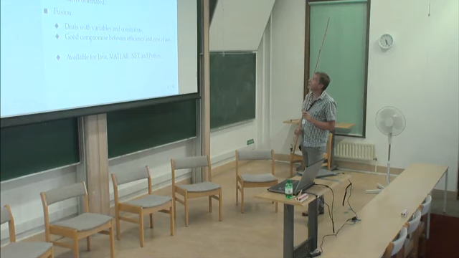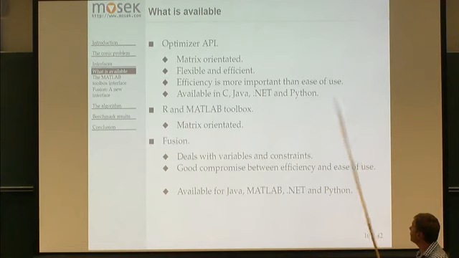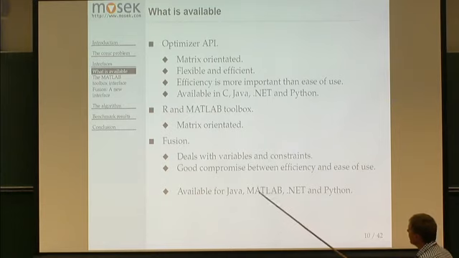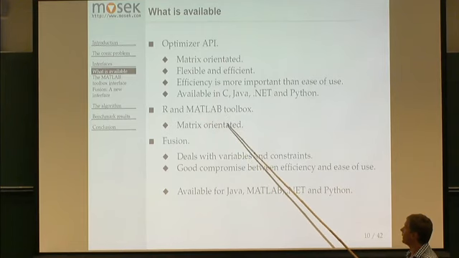So we have a very efficient interface. If the setup time is important for you, then this works. Efficiency in this interface is more important than ease of use. It's available in C, Java, .NET, and Python. We have also made the same interface available in R and MATLAB, and that is in fact what Yalmip is using.